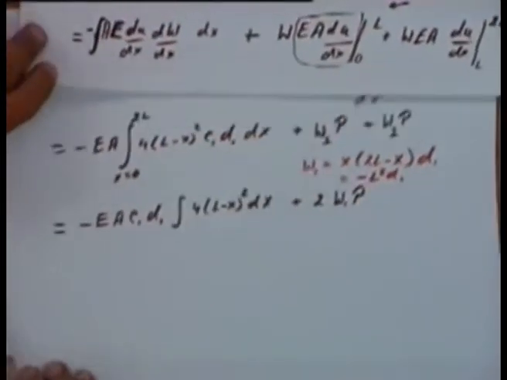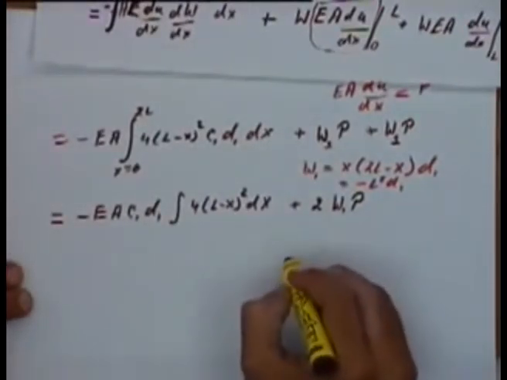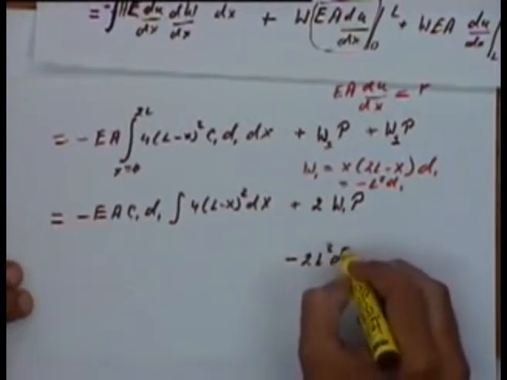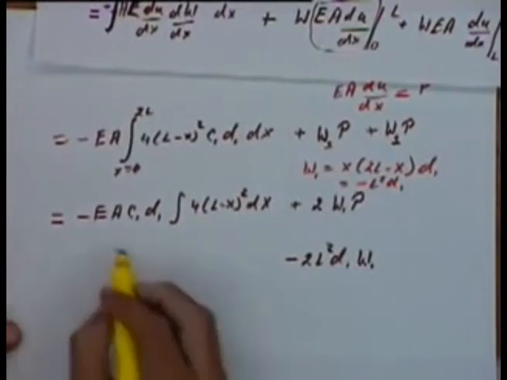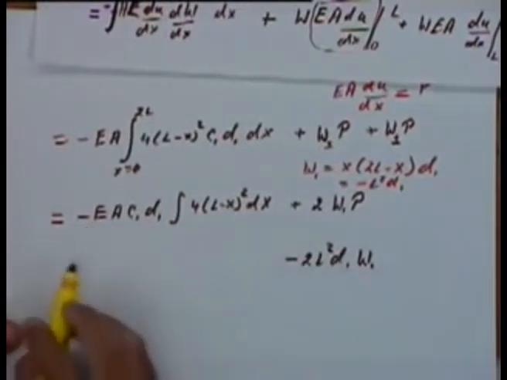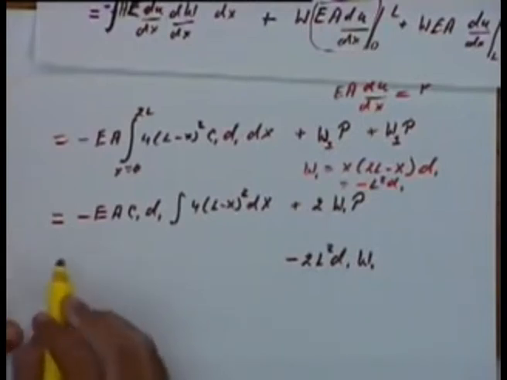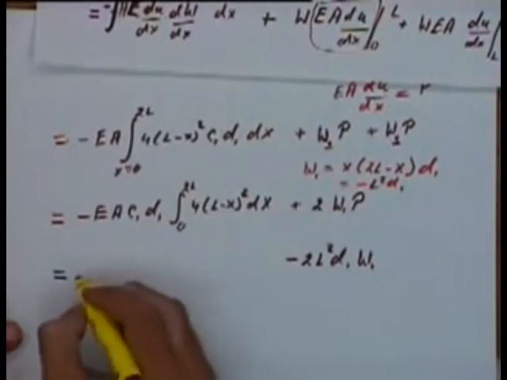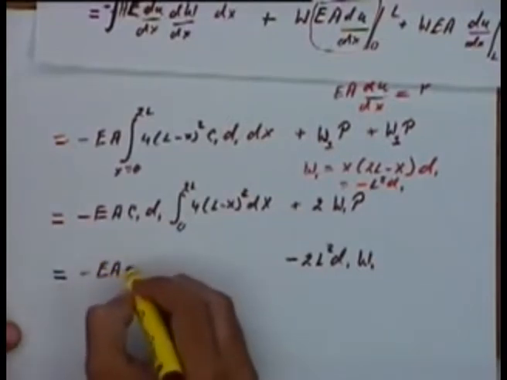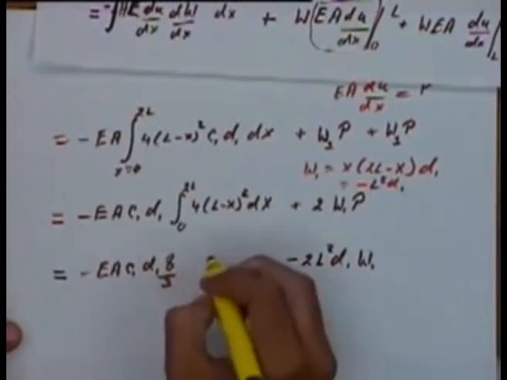So this term will become 2L squared D1 into P. Okay, this integral, if you evaluate from 0 to 2L, this will come out to minus EA C1 D1 into 8 by 3 L cube.